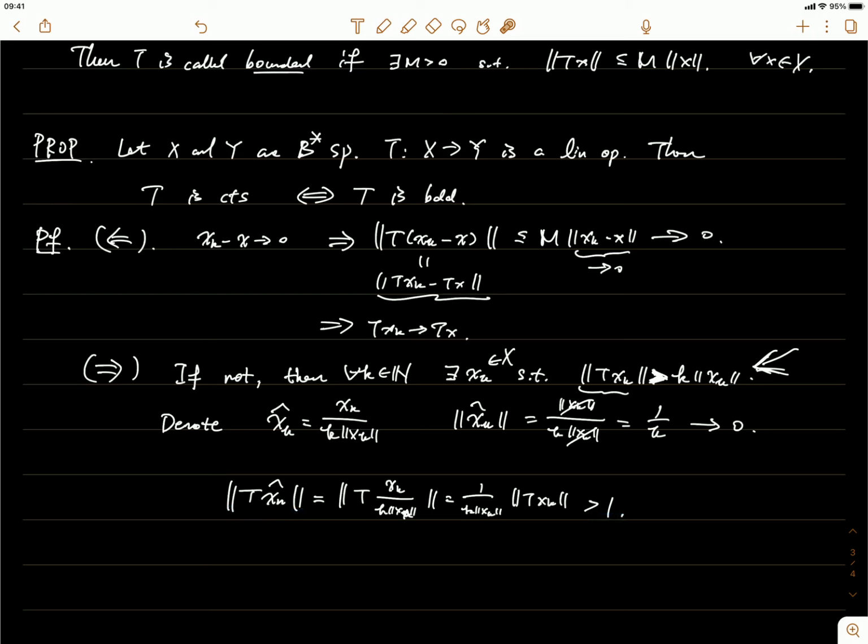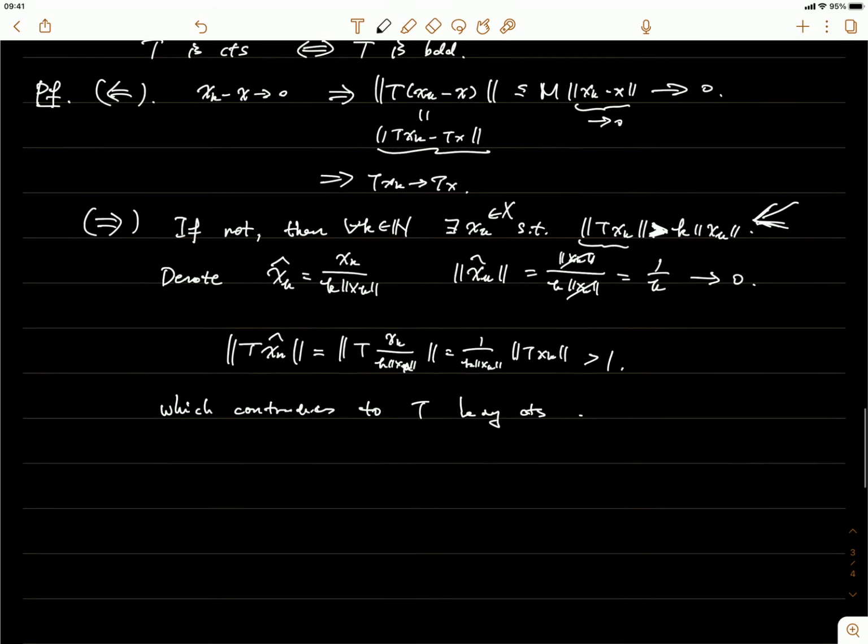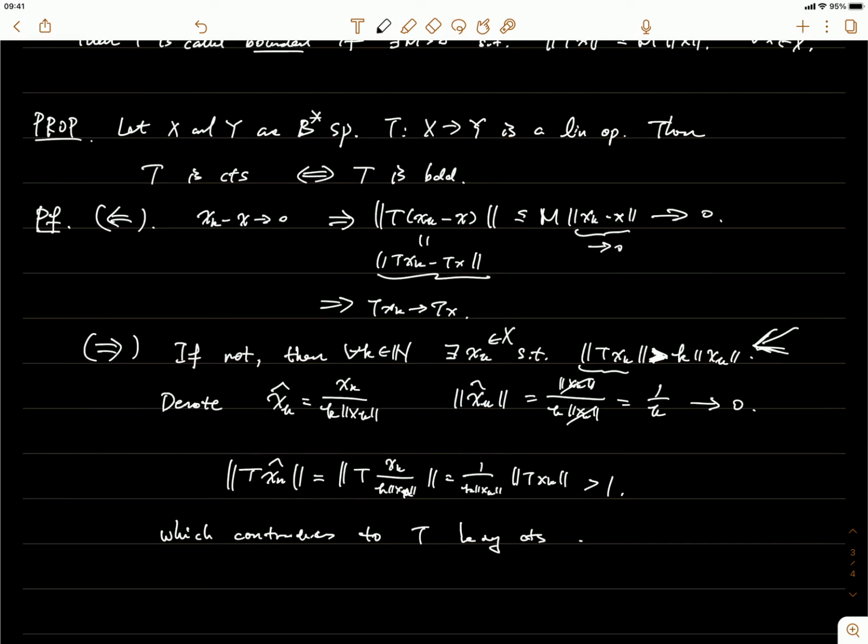This is a contradiction to the continuity of T at 0, or continuity in the whole space, since they are equivalent. That's where the contradiction comes from, contradicting T being continuous. So that means if T is continuous, it must be bounded as well.